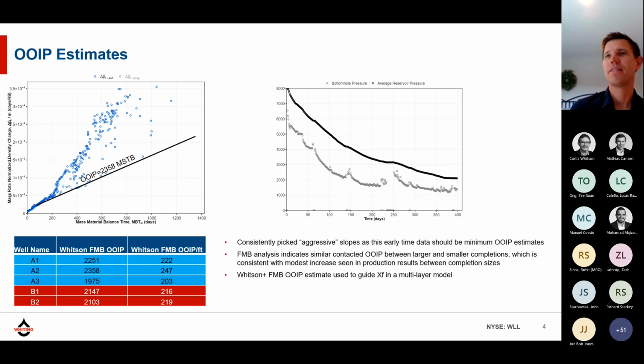But in this, we're starting to see this trend up. I don't think we've depleted the whole reservoir. I think there are probably higher perm streaks versus not as high perm streaks, but anyway.